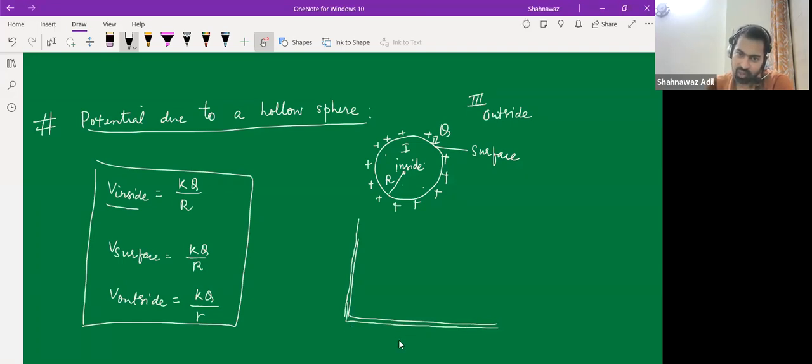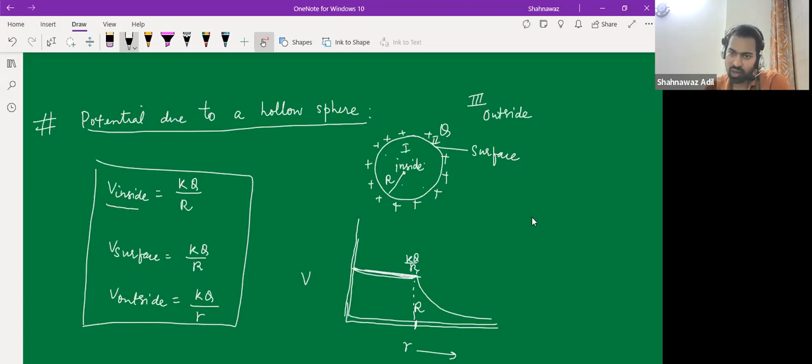So we have R, we have this V, and this is, let's say, the surface. So up to surface, you see that this would be constant, which is KQ by R. And then it decreases.